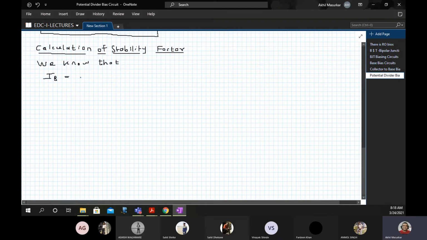What we know, just now we wrote IB is equal to VT minus VBE, this entire thing upon RT plus (1 plus beta) times RE. So we can write this in a slightly different way. VT minus VBE is equal to IB RT plus (1 plus beta) times RE into IB.